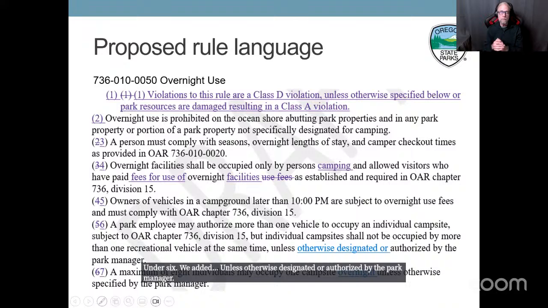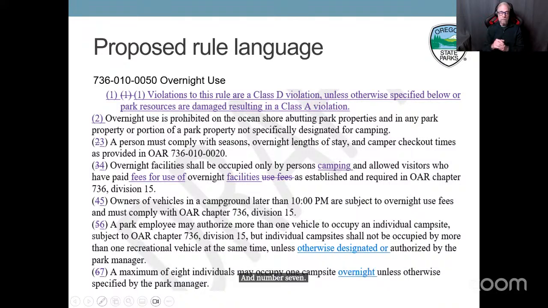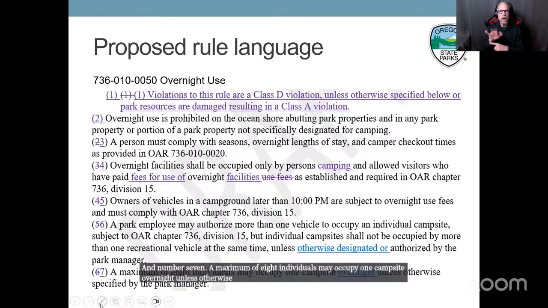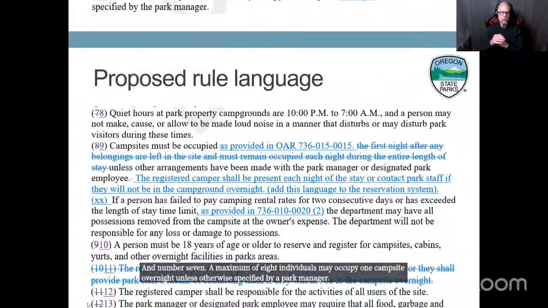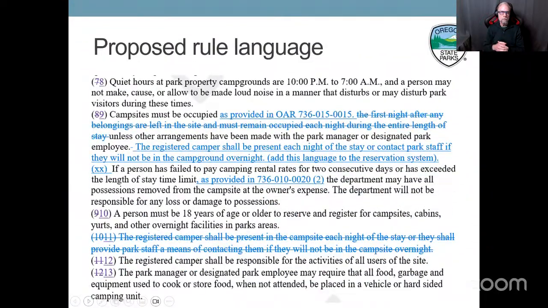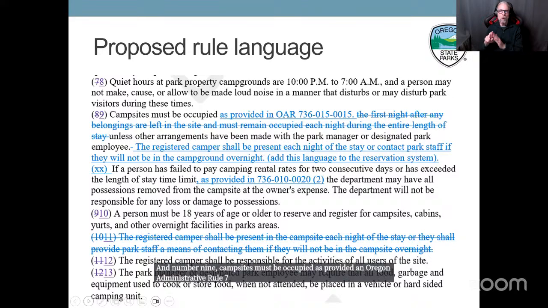In number 7, a maximum of 8 individuals may occupy one campsite overnight unless otherwise specified by a park manager. In number 9, campsites must be occupied as provided in Oregon Administrative Rule 736-015-0015, unless other arrangements have been made with the park manager or designated park employee.